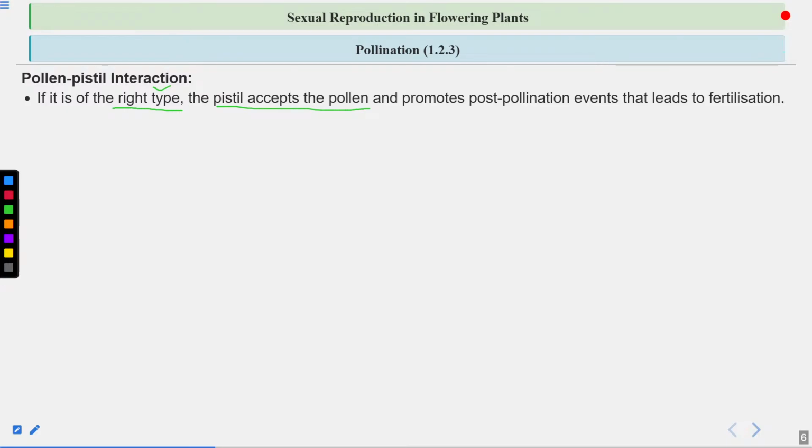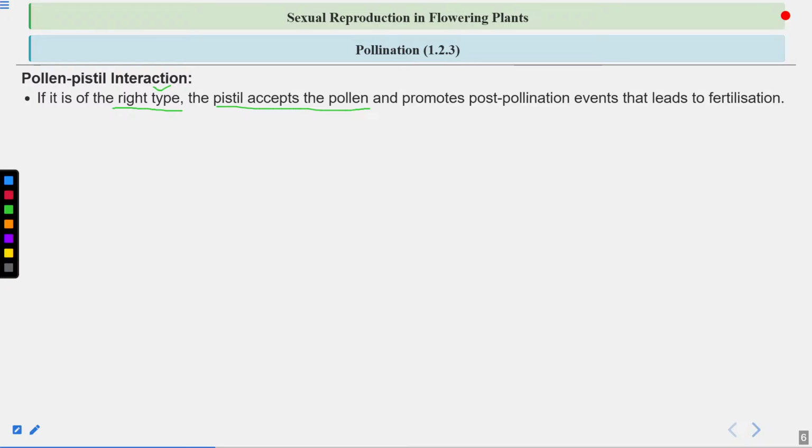Otherwise, if it is of the wrong type, the pistil will not allow the pollen to germinate. If it does germinate, it can still be stopped at the stigma level, at the style level, or at the ovary level, right?